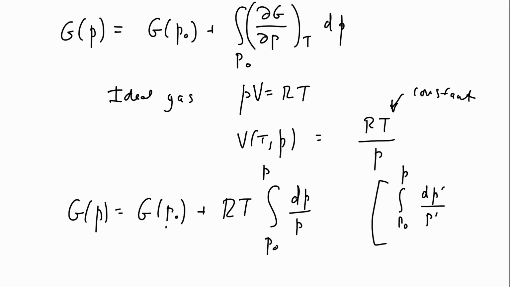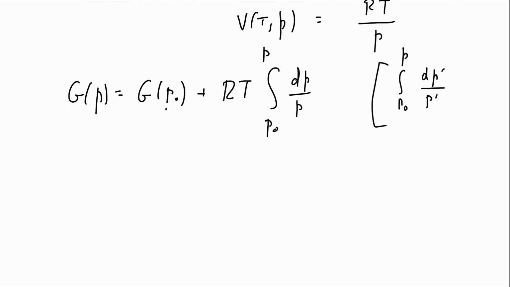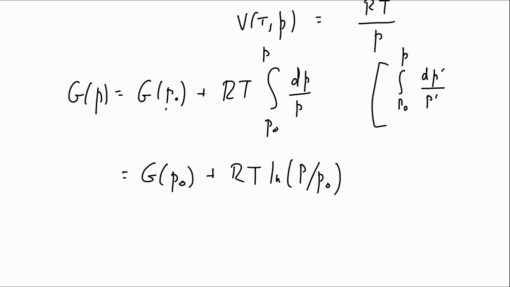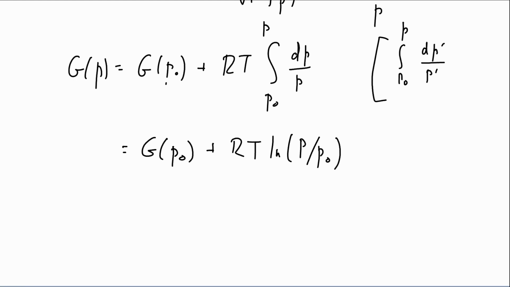A math class might do that just because they don't want to call the upper limit the same thing as the variable, but I'm going to be sloppy because life is too short. And if I do the integral, what do I get? RT log P over P naught. So there we go.